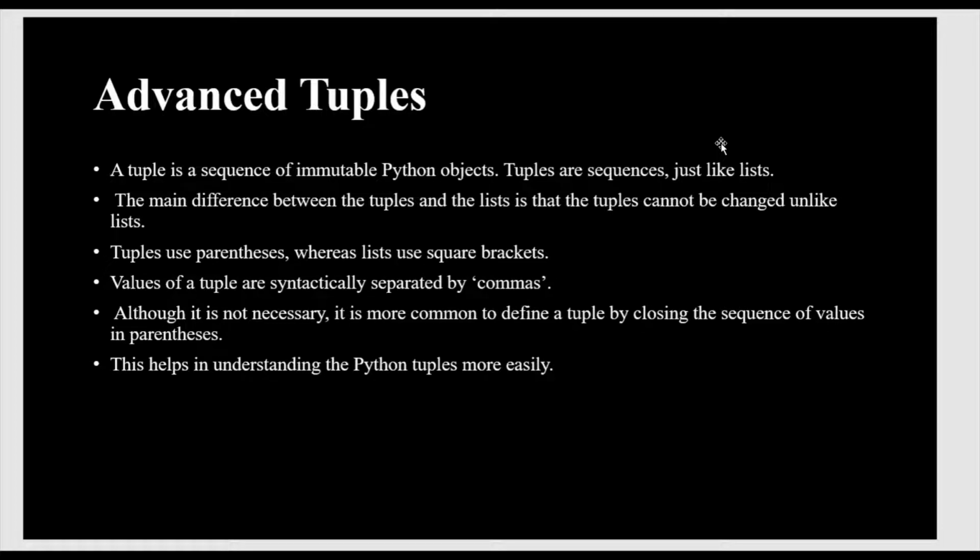Tuples are represented in parentheses, whereas lists are given in square brackets. The values of a tuple are separated by commas. Although it is not necessary, it is more common to define a tuple by enclosing the sequence of values in parentheses. This helps to understand Python tuples more easily.